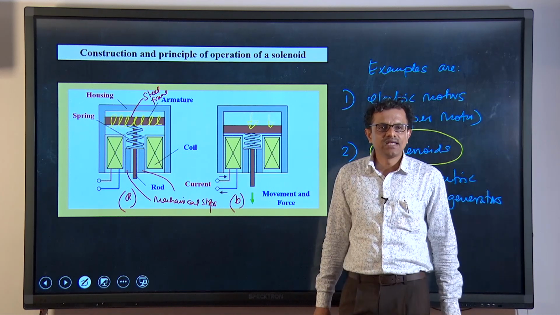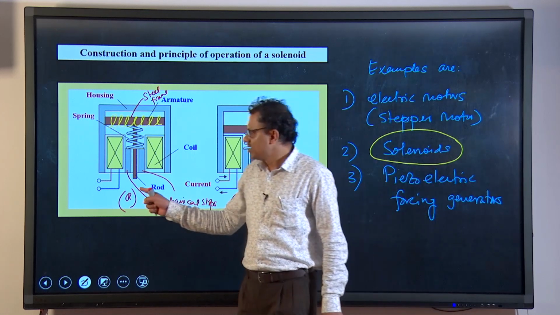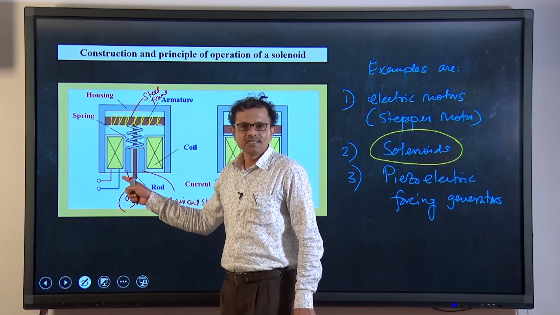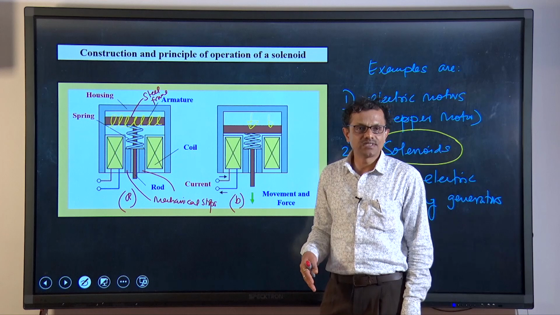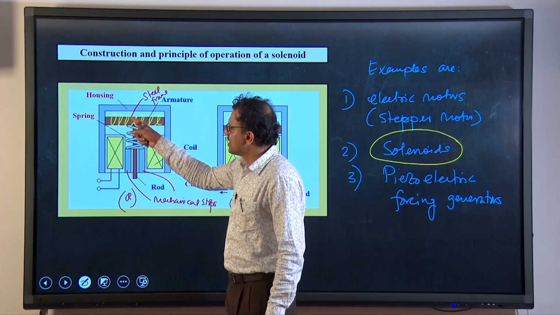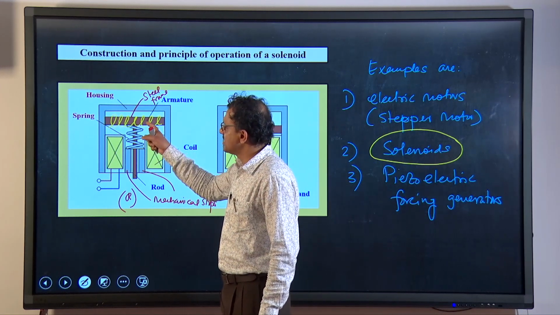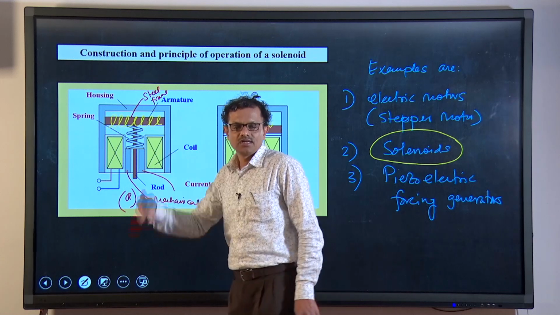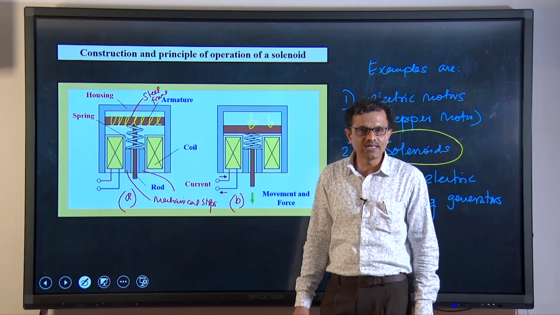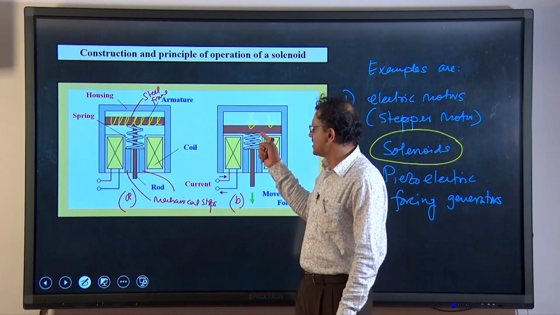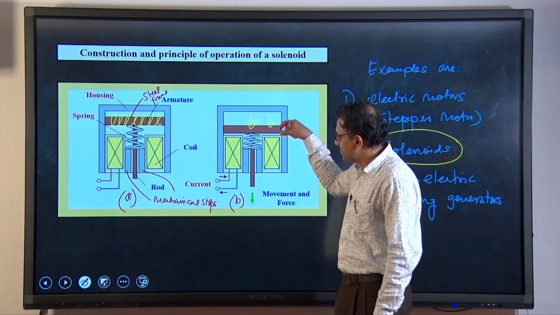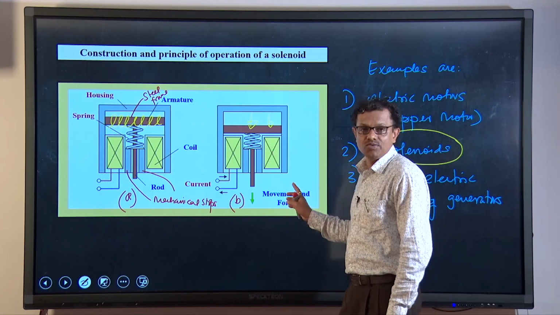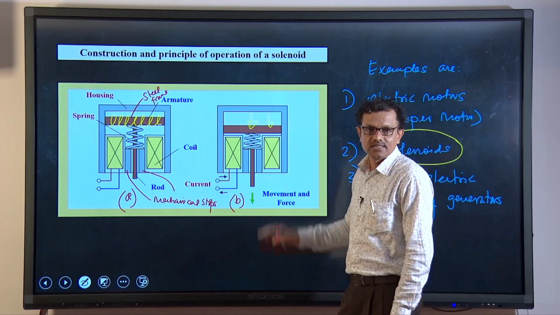So, if we give an electrical signal, an electrical voltage from the sensor, it will create additional force through the formation of a powerful electromagnet, and that force will compress the spring, causing a downward movement of this entire setup.